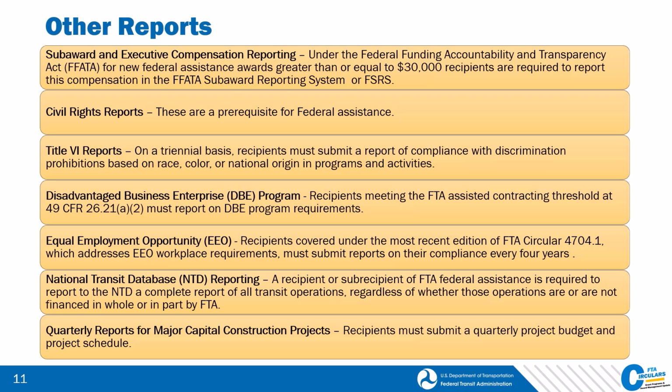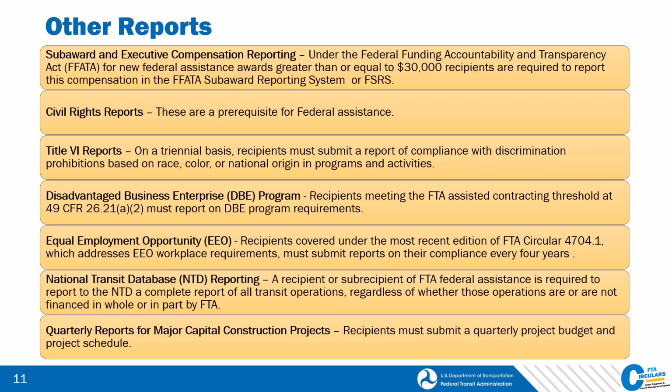Then there's civil rights reports. Those are a prerequisite for receiving FTA federal assistance. Title VI reports. Title VI prohibits discrimination based on race, color, or national origin in programs and activities that receive federal financial assistance. On a triennial basis, recipients must submit a report of compliance.